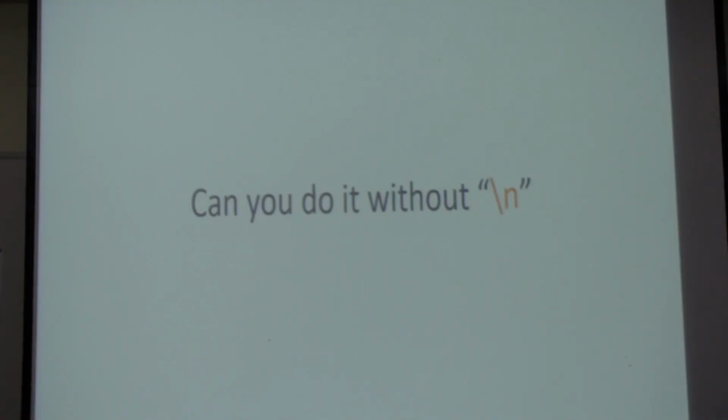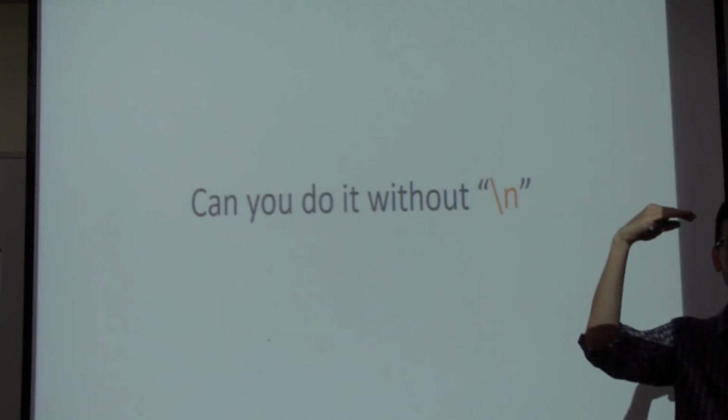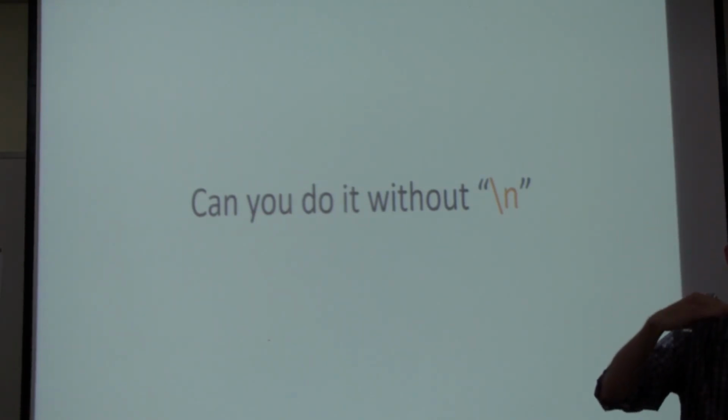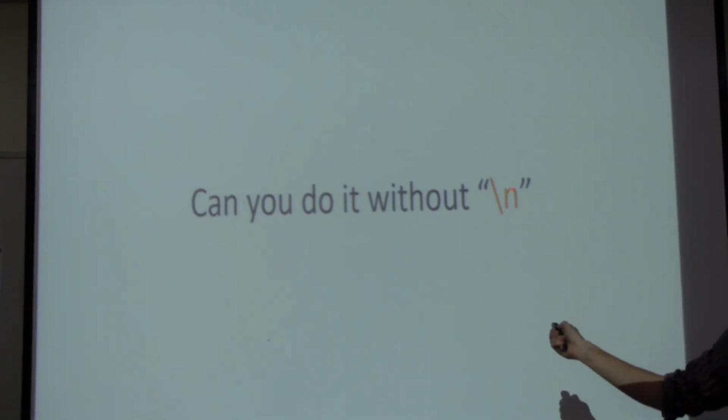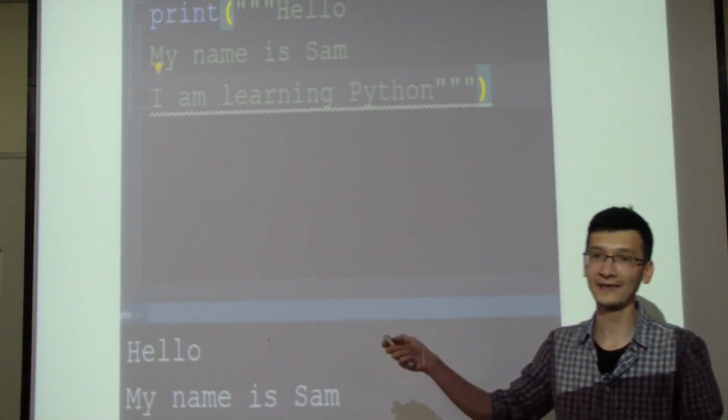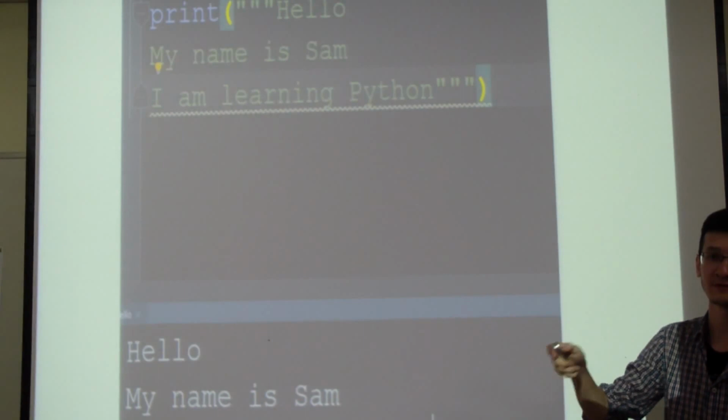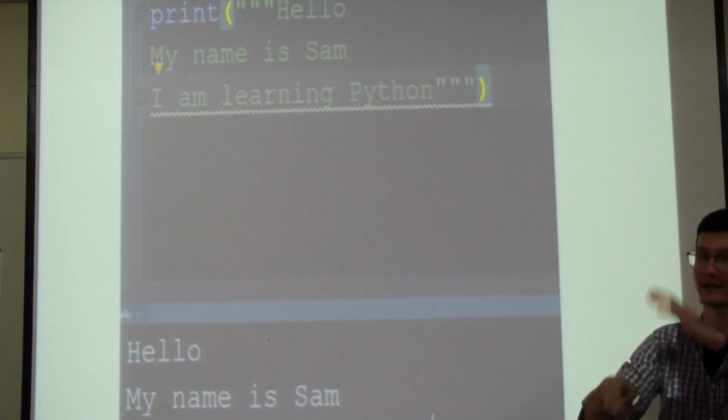For example, in the first line it should be hello, in the second line, world. Can you do this without this character? Then we can. This is the easiest way to do this without backslash n.